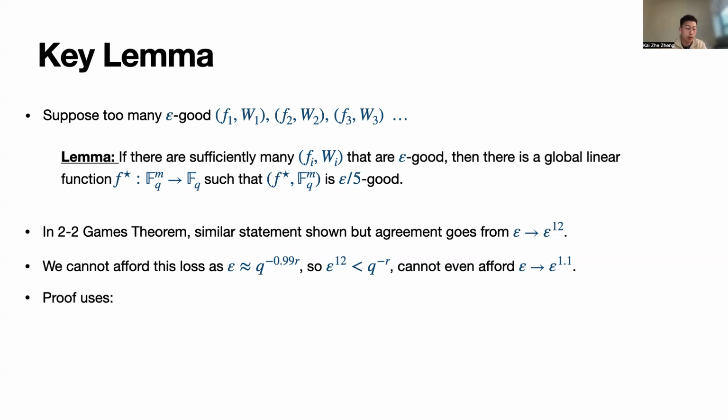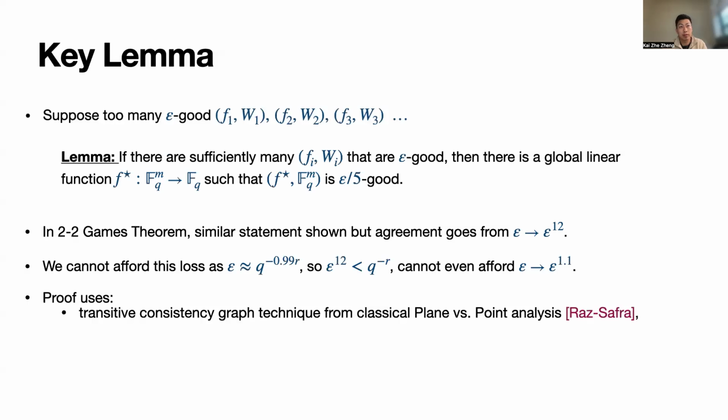So the proof uses a lot of techniques from previous low degree testing literature. It uses this transitive consistency graph technique from Raz and Safra. This is from their original plane versus point analysis. It also uses this boosting technique from much more recent low degree testing works.